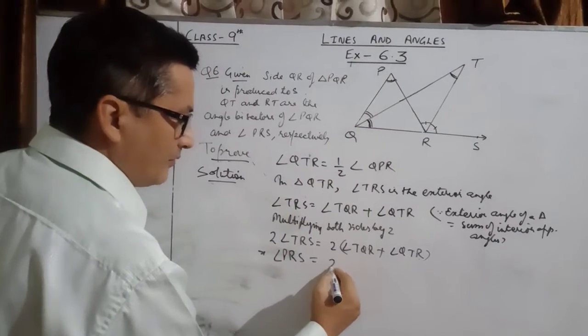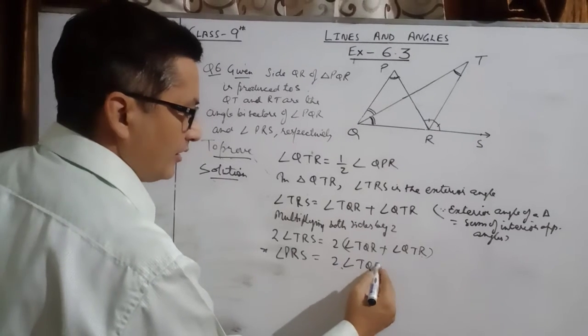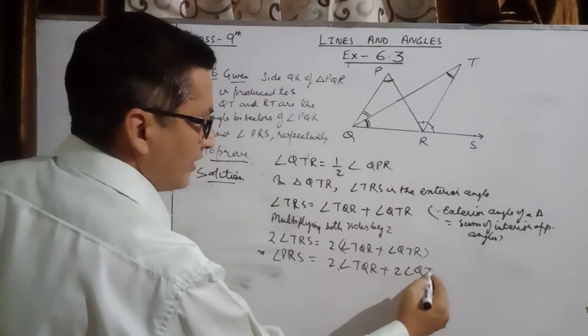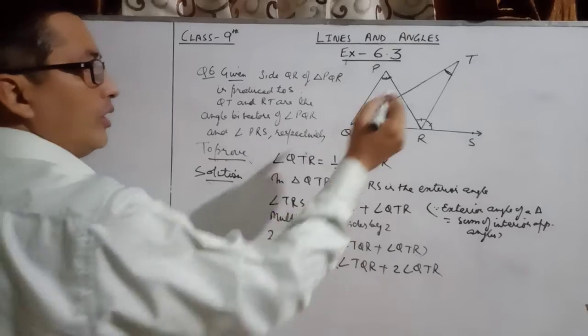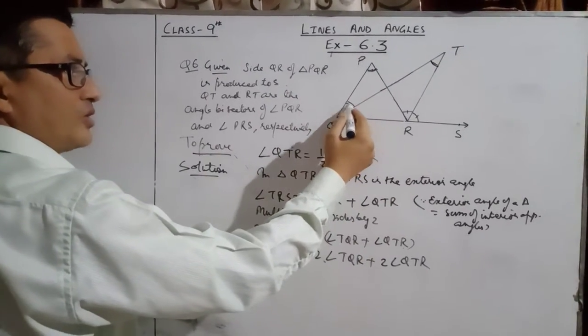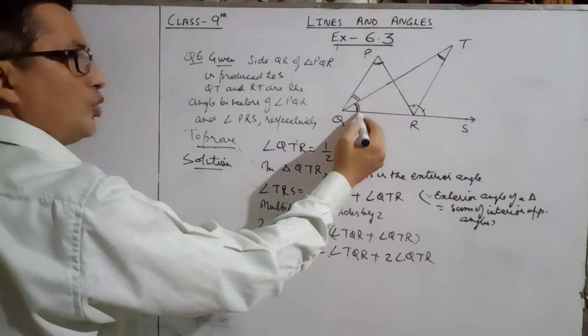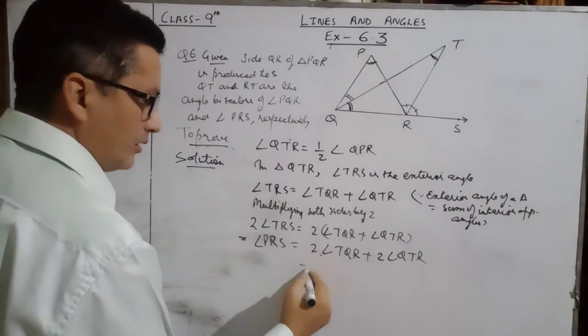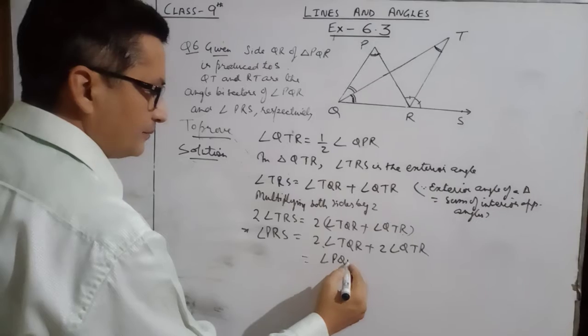When you open the bracket, what we have? Twice of angle TQR plus twice of angle QTR. Now, what is twice of angle TQR? Because this angle is equal to this one, twice of angle TQR must be PQR. So you can write angle PQR.